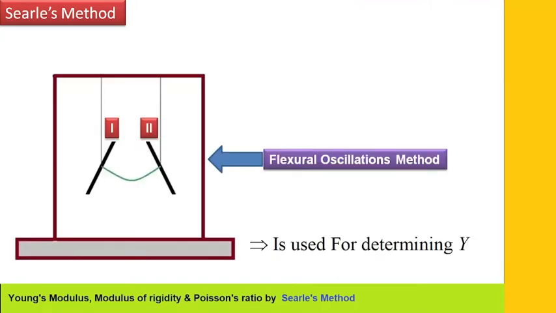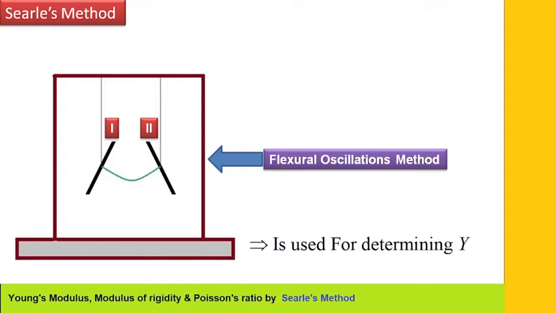So there are two bars, bar 1 and bar 2. They are attached with a wire which is made up of the material for which we have to determine Young's modulus. This arrangement is called the flexural oscillations method.